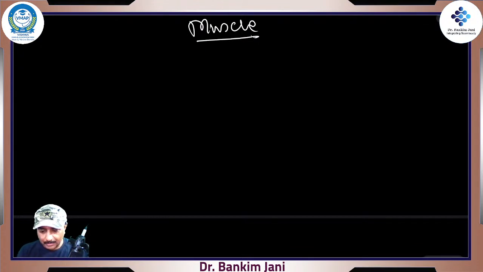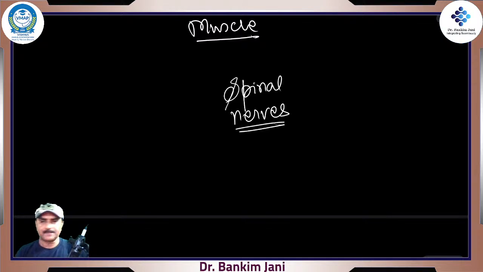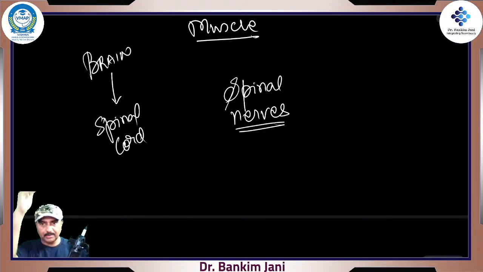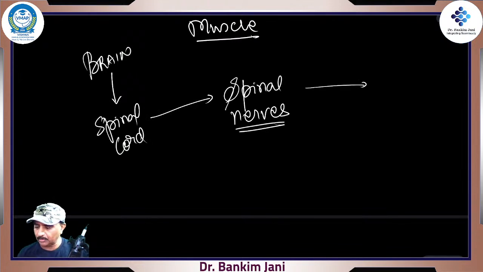So let's talk about the spinal nerves. Simple as that: from the brain there is an extension of the spinal cord, all the way down, and from the spinal cord the spinal nerves go out to the entire body.